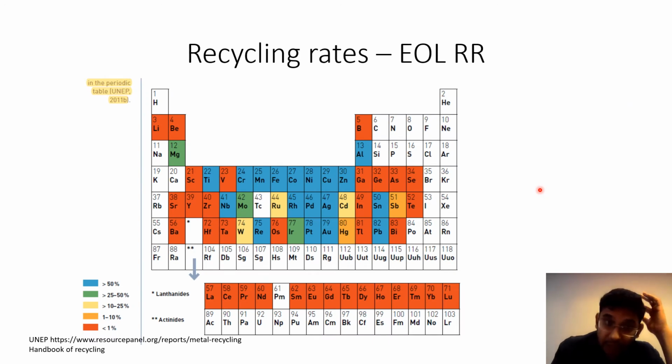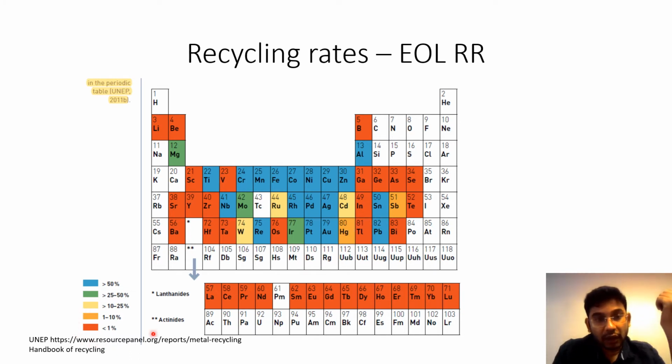Okay, so here you see the slide in which you have the periodic table and the representation of the end of life recycling rate, which is how much is functionally recycled. The blue is where you have substantial end of life recycling rate, and you could see for titanium, chromium, and a few of these metals, the end of life recycling rate is quite high. Especially take a good look at lead because that's also really recycled a lot.